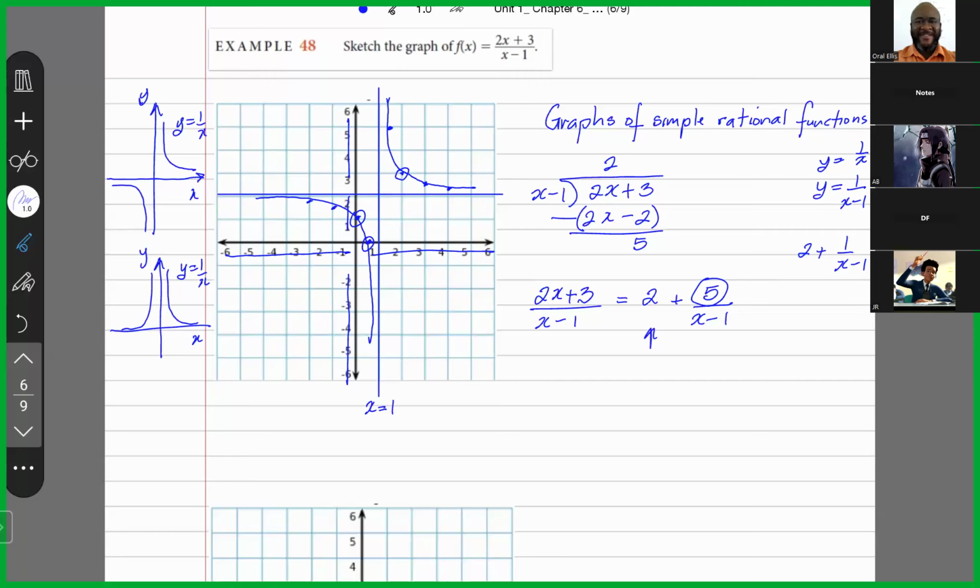All right, and that graph would be the graph of y is equal to (2x plus 3) over (x minus 2), which is the same as the graph of what? 2 plus 5 over (x minus 2). All right.